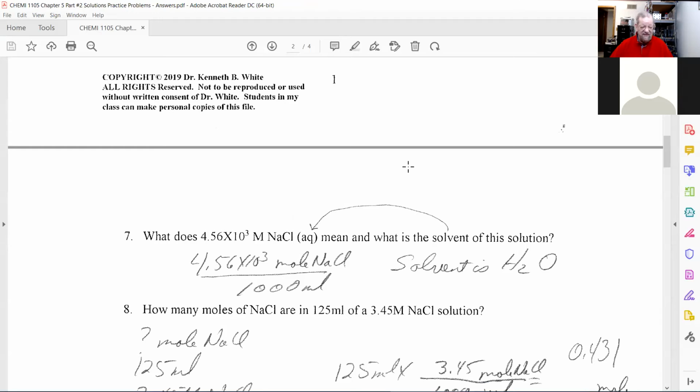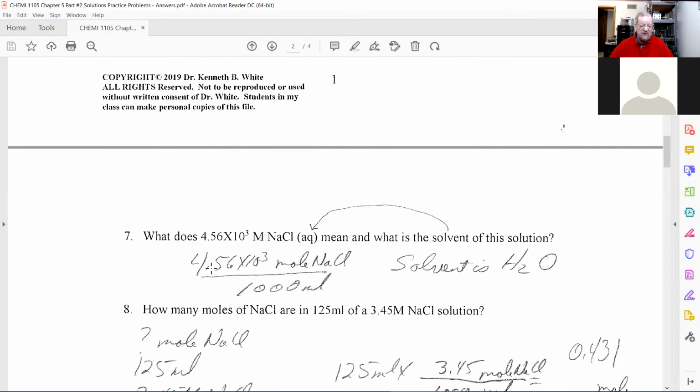Number 7. What does 4.56 times 10 to the third capital M NaCl(aq) mean? And what is the solvent of the solution? Well, as soon as you see capital M, you know that's molarity.